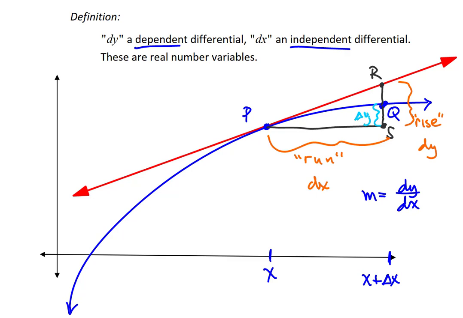So delta y is from Q to S. Q is the point on the curve further down from P to the right, but then beneath it is S, which is the corner of this right triangle we have now in our picture. So from Q to S, we're going to call delta y. And then delta x, we're going to just say is the same thing as dx. So that would be the length all the way across the run.